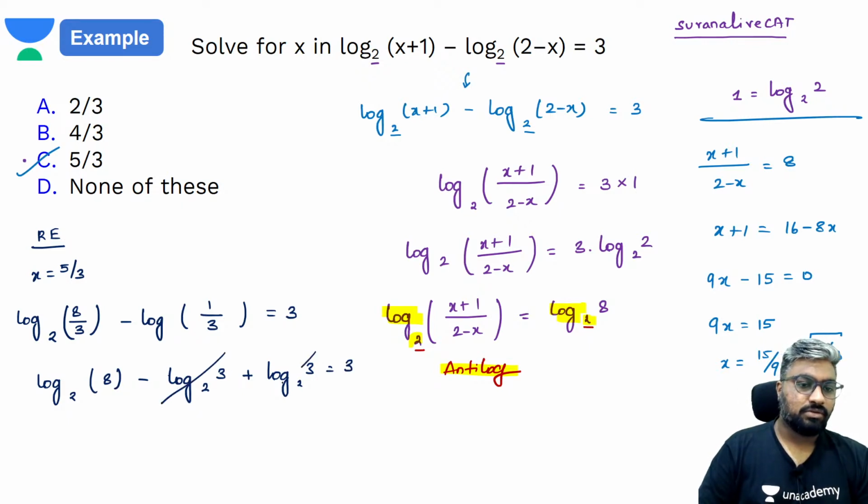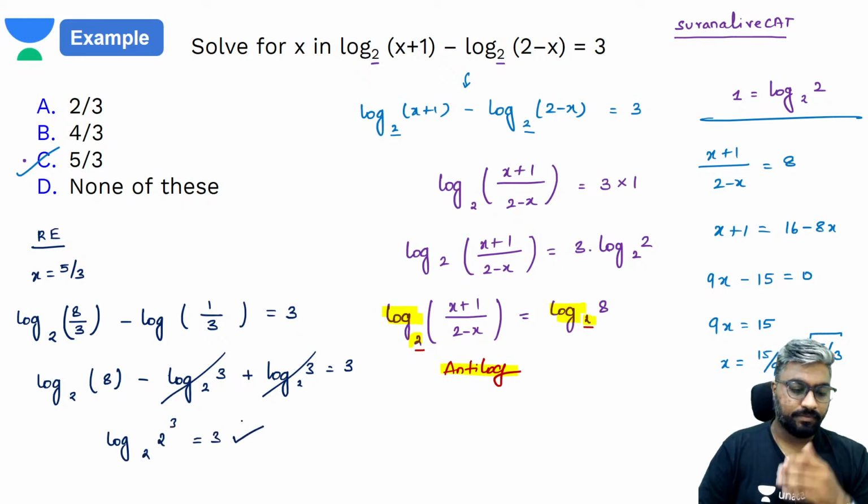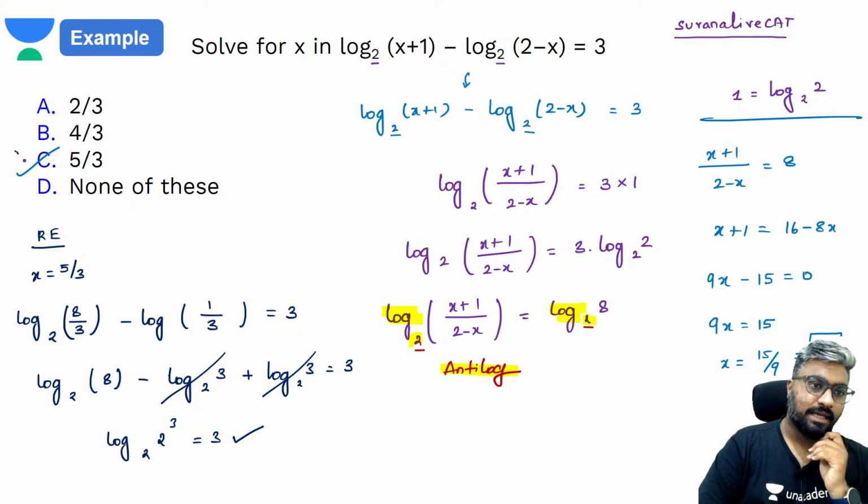Log 3 to the base 2 is cancelled because one is negative and the other is positive. You are getting log 8, which is nothing but log 2 cube to the base 2, is equal to 3, which is true. Ultimately this is the right answer.